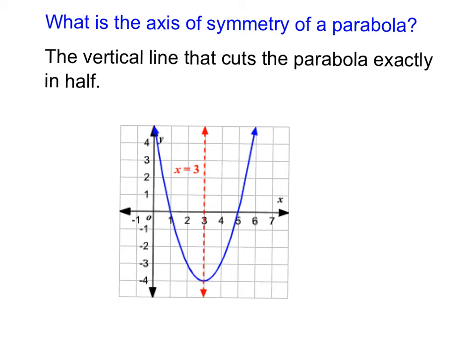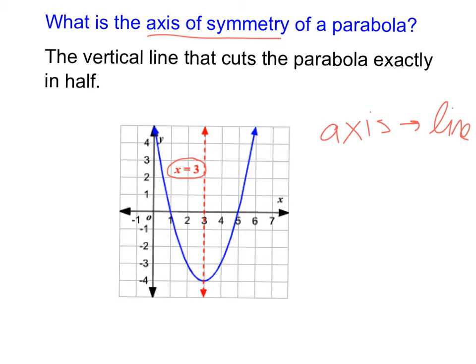Okay. So I talked about this symmetry. The axis of symmetry is that vertical line that cuts the parabola exactly in half. So it's just a common question, like, what's the axis of symmetry? One thing is, notice it says x equals 3. An axis is a line.